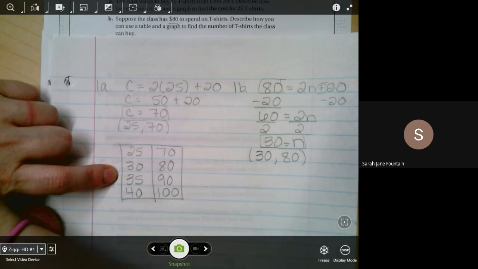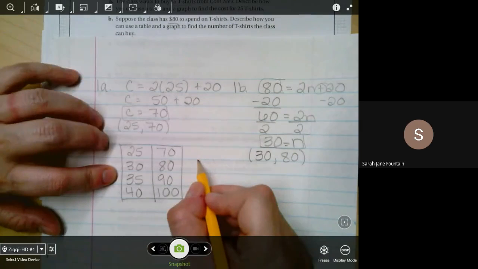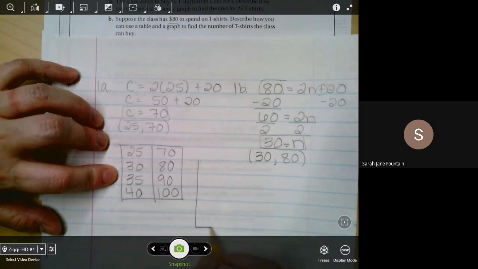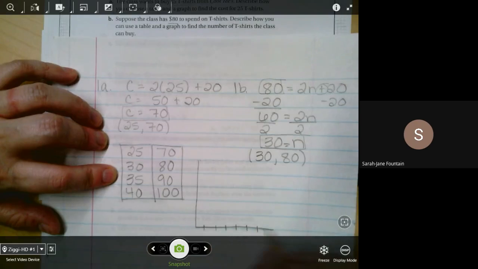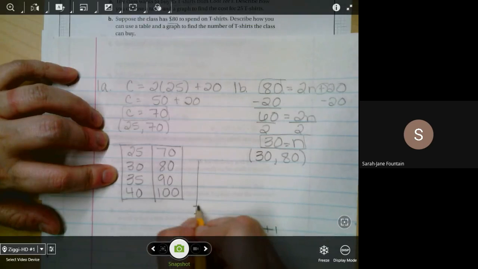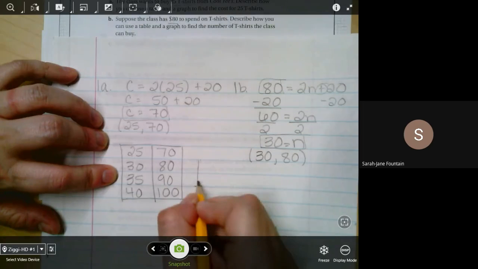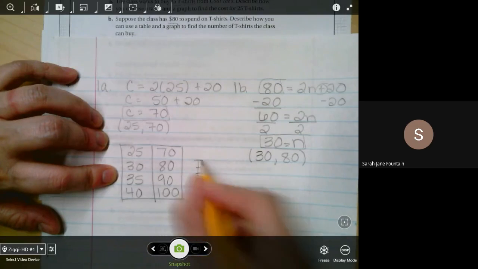If you wanted to make a graph instead, because some of our brains work like that better, we're going to go 5, 10, 15, 20, 25, 30, 35, 40, and 10, 20, 30, 40, 50, 60, 70, 80, 90, 100.